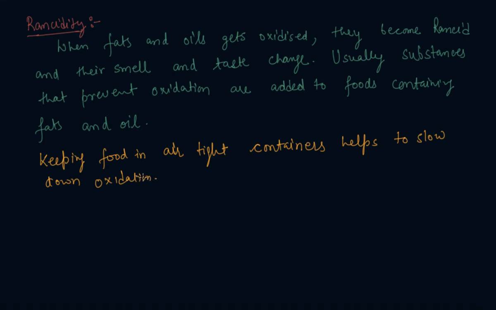That is why nowadays there are a large number of containers labeled as airtight. The oxygen will not pass through these containers, so they help protect the food from getting oxidized. So students, this is all about rancidity.